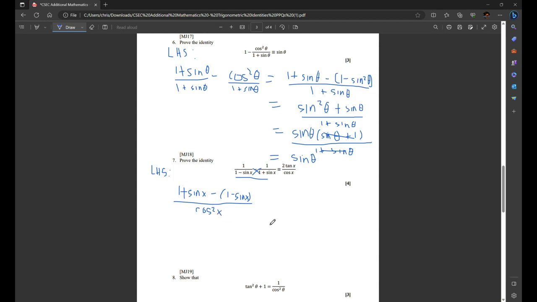I'm sorry, I keep saying theta. But if I multiply this negative by 1, that gives me negative 1. Multiply the negative by negative sine x, that gives me positive sine x. So 1 minus 1 is going to cancel. Sine x plus sine x gives us 2 sine x on the numerator, over cos squared x.